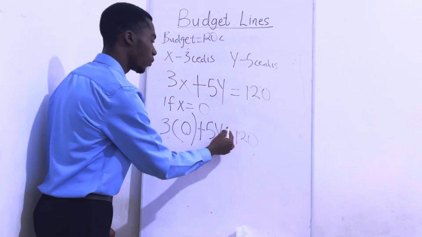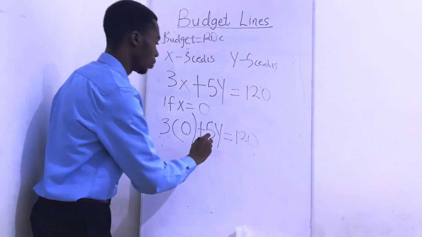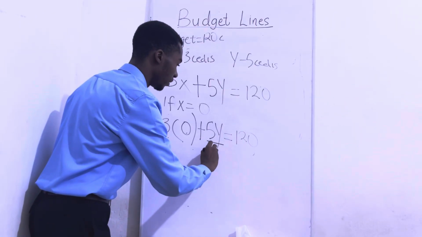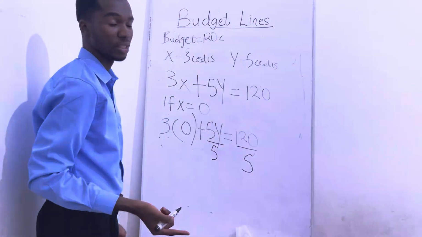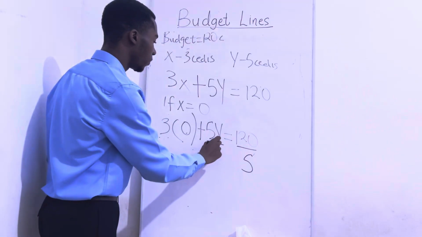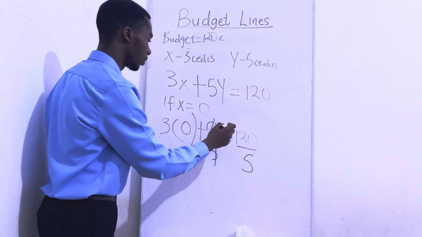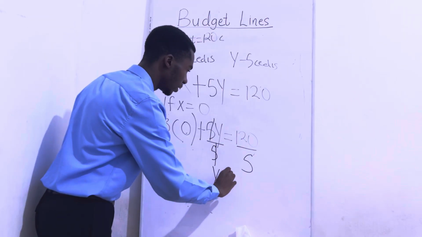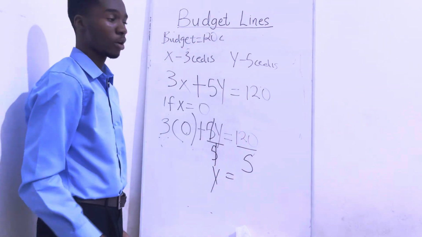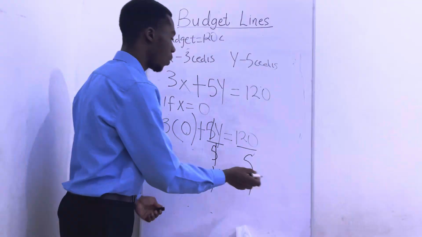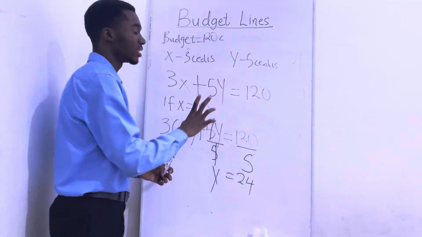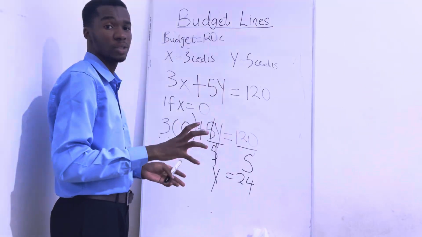So now we have 5Y is equal to 120. So we can just divide this by 5, divide this by 5, because 5 is multiplying Y, so that we can make Y stand alone. 5 will cancel itself and also cancel itself. So we have Y is equal to 120 over 5. 120 over 5 is 24. So our Y is 24. So if Y was, let's say, vegetables, it means you can buy 24 vegetables.